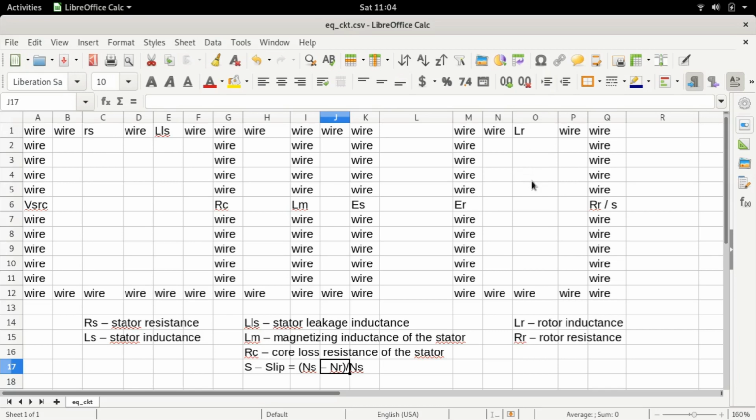And when we have a transformer, we've already seen that we can always define a turns ratio. So let's define a turns ratio in this case. For example, I will say turns ratio K is equal to ES divided by ER, and of course we can also say NS divided by NR or whatever.